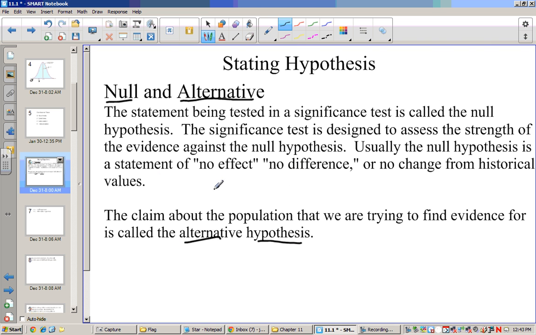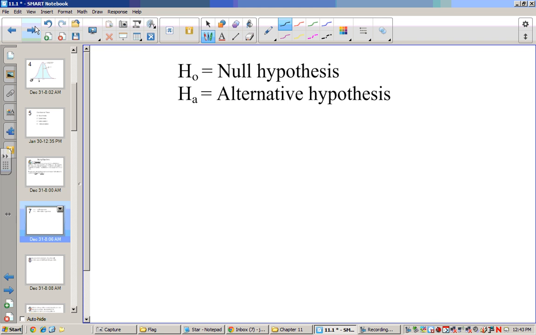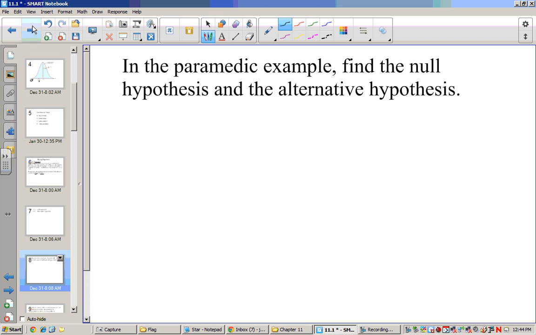Every time we do a significance test, we're going to need a null and an alternative hypothesis. We write the null hypothesis as H sub 0, and the alternative hypothesis has a little subscript of an A. Now in the paramedic example from our previous lesson, we want to find the null hypothesis and the alternative hypothesis.